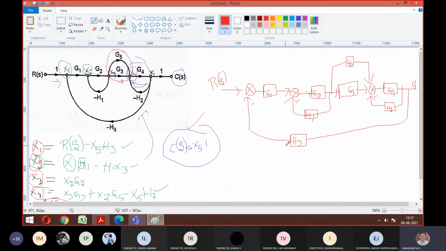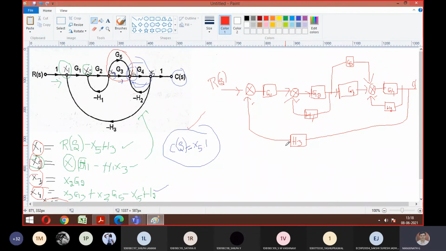So now you need to implement your logic of the reduction technique. Look at the block diagram and tell me how many steps you are going to get for this transfer function.